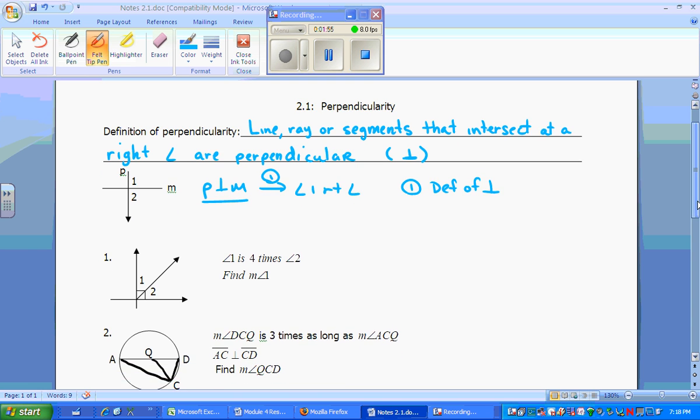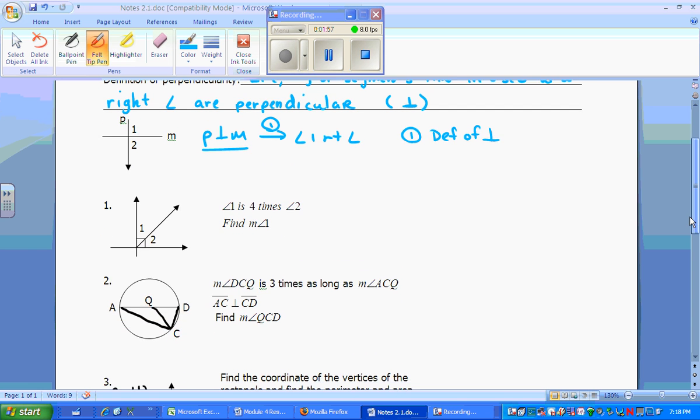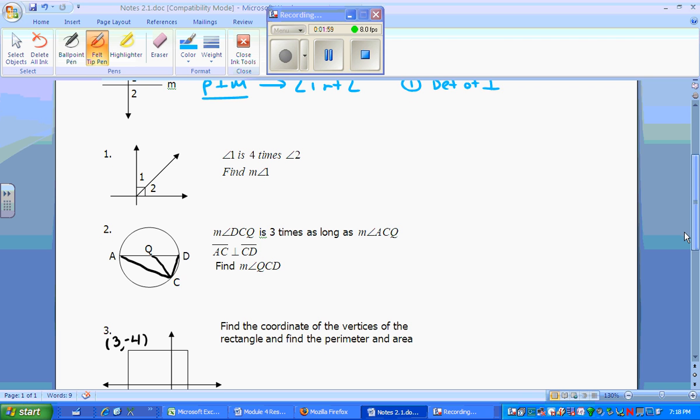Let's use the perpendicular idea inside of examples using solving for x. Notice the picture. We have a right angle. We have angle 1 and 2. Angle 1 is 4 times angle 2. So angle 2 is the small one. Let's call it x. That means angle 1 is 4 times that, so that's 4x. We need to find the measure of angle 1, but for that, we need to find x.